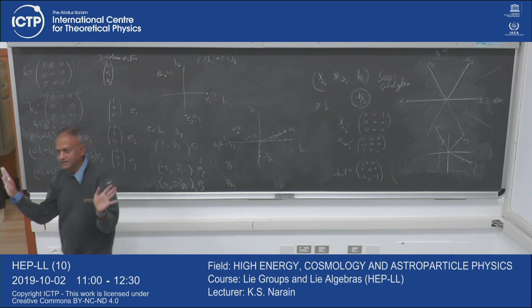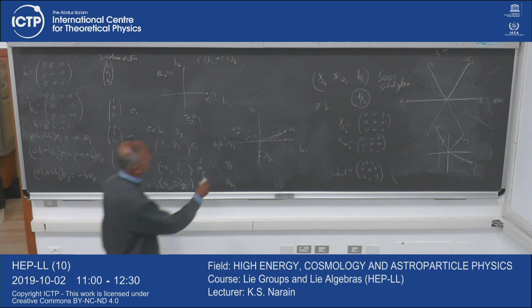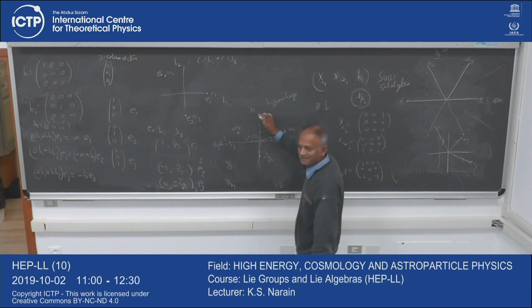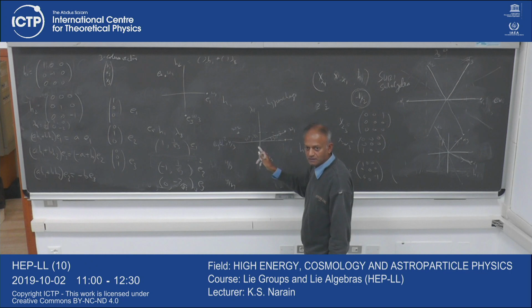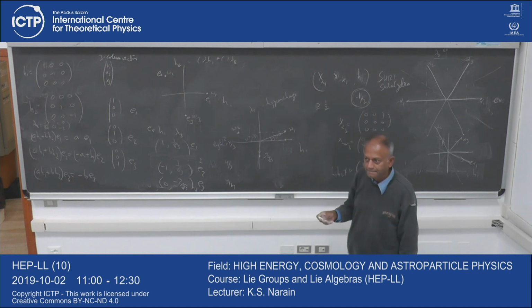There is no difference in physics. There is no loss of information, exactly the same information. In fact, lambda 8 is usually called the hypercharge. So in physics, usually we use this basis: hypercharge, and this will be the isospin. That is what the language is.